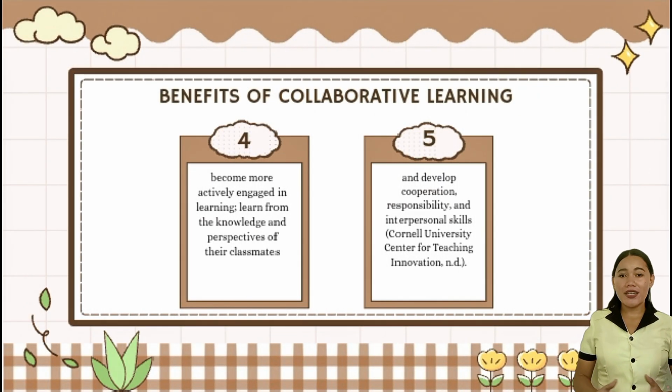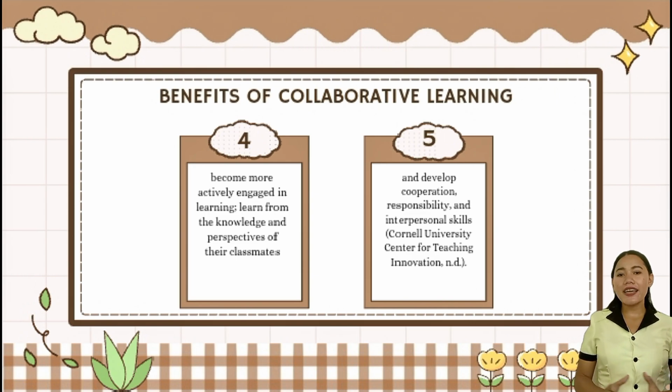It can also encourage active engagement in learning. Instead of simply receiving information from the teacher, students become active participants in the learning process. Another benefit is that students can learn from the knowledge and perspectives of their classmates. Sometimes, a classmate may explain an idea in a way that makes the concept easier to understand.